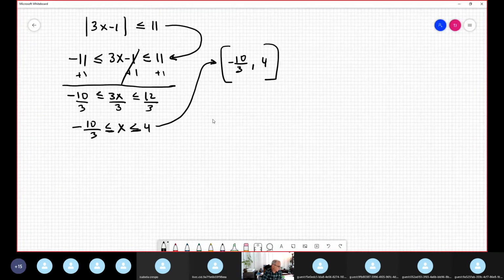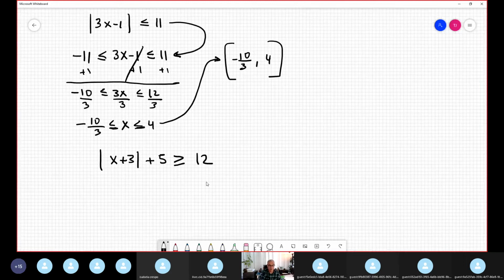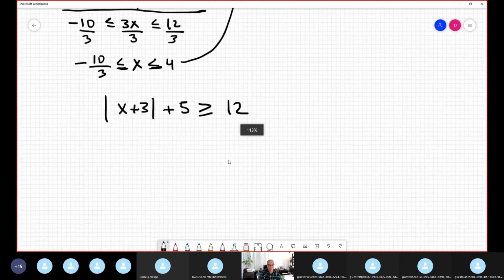Okay. One more. Suppose this: absolute value of x plus 3, plus 5, greater than or equal to 12. When I finish this problem, do we expect one piece or two pieces? Two pieces. Exactly. How do you know? Because it's greater than. But what should I do first?